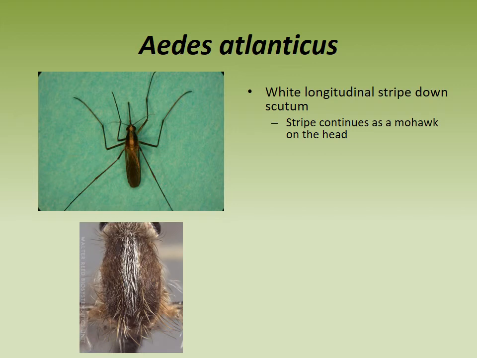So they are known for this white longitudinal stripe down the scutum. The stripe continues to the head to have this mohawk-looking area on the top of the head, and the stripe goes all the way down the entire scutum. And this is important when deciphering between some other species that might be rubbed.